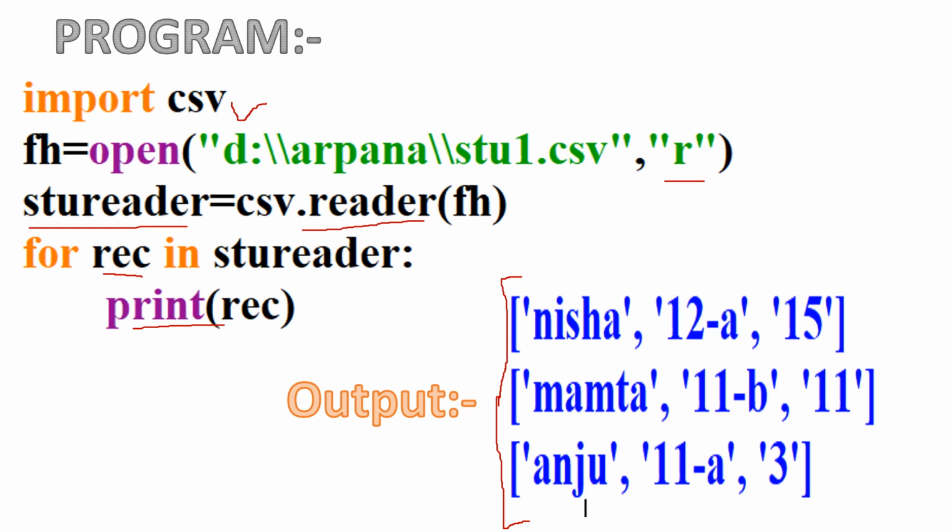So this is how you handle the newline character between the different lines. That is, while writing into the file, you have to use the newline argument.